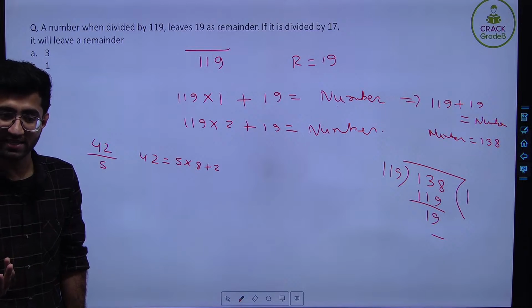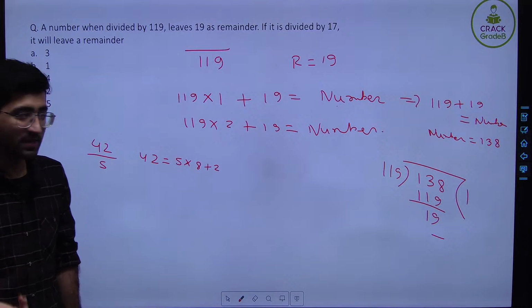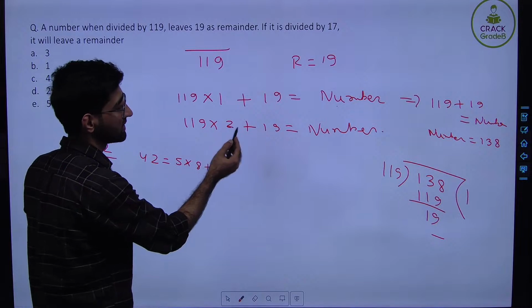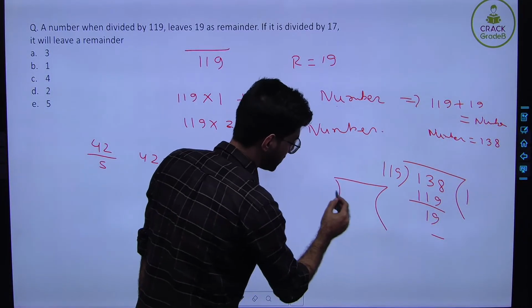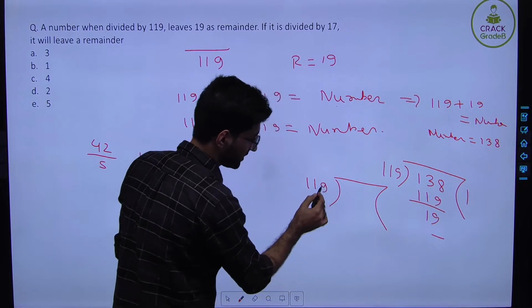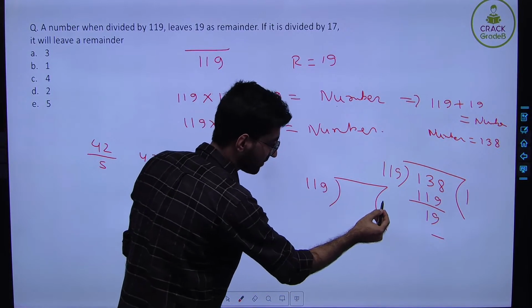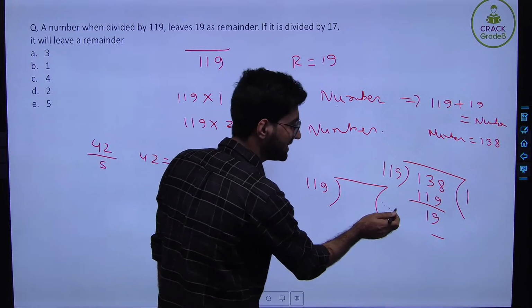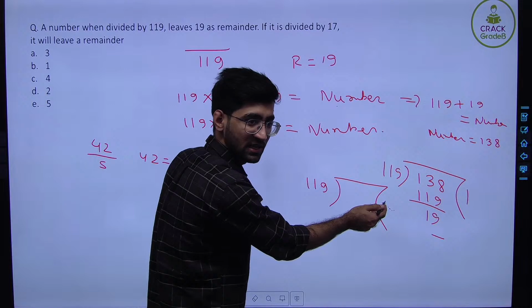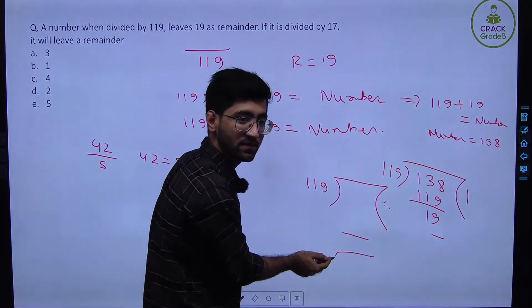Any doubt? If you divide some number by 119, obviously you will multiply with maybe 1 time, 2 times, 3 times, 4 times, 5 times, any times, maybe 100 times. Then you will get some remainder.